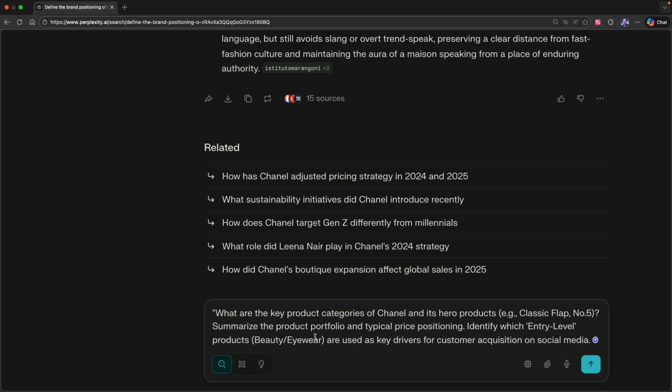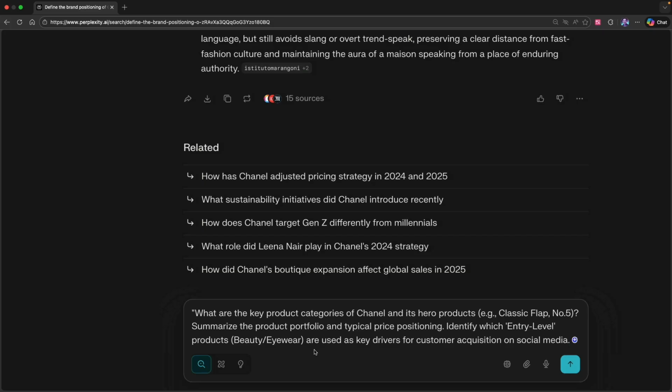We ask AI to identify the hero products versus the entry-level products, such as beauty and eyewear. Remember, social media often sells the dream through lipstick, not just the maybe $100,000 bags. So let me enter it.